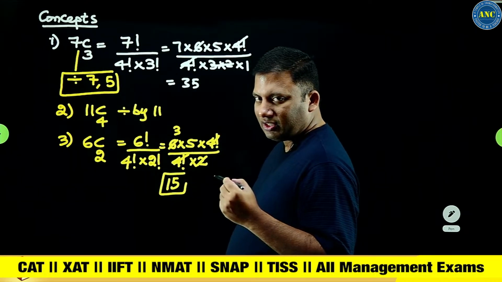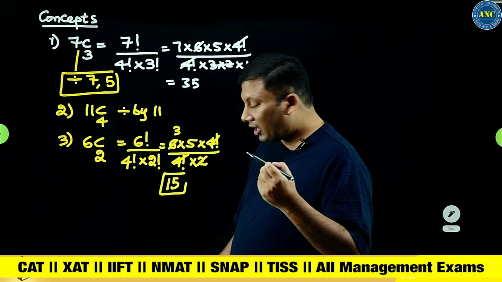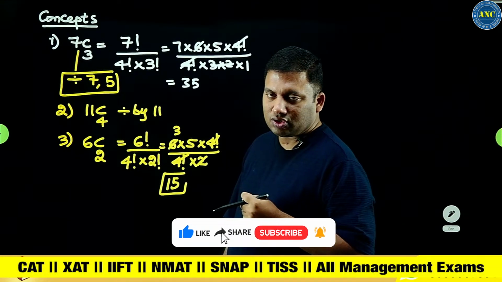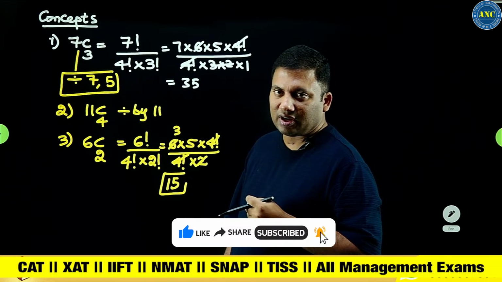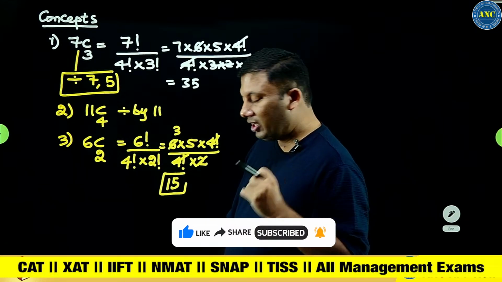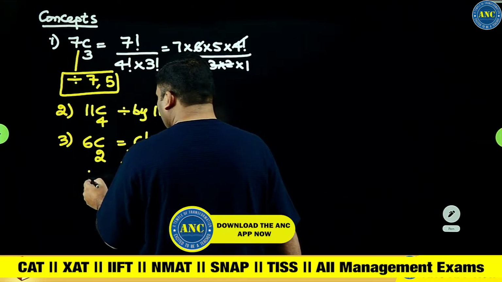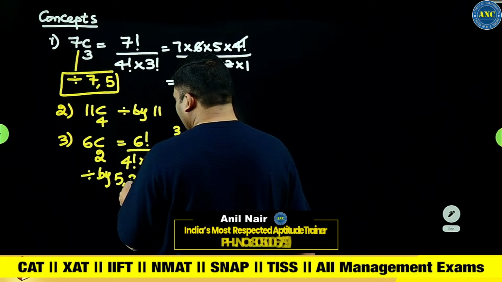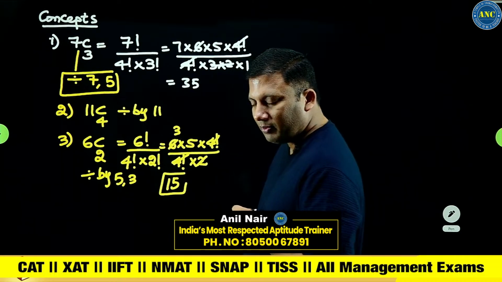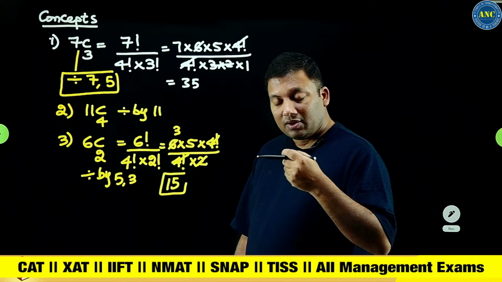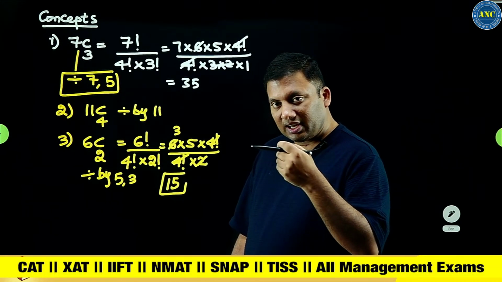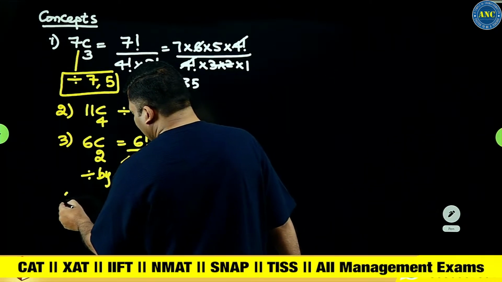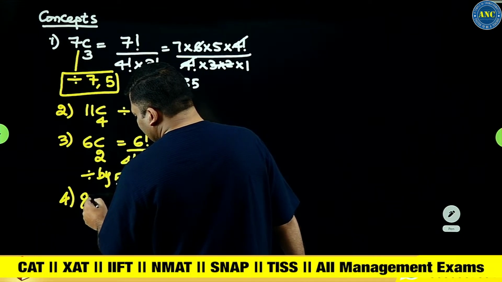We start with 6 because nCr contains factorial from 6 to 1. What prime numbers do you get? 5 and 3. That means the answer should be divisible by 5, and of course in this case 3 also. If it is a composite number, take the prime number just less than that composite number.